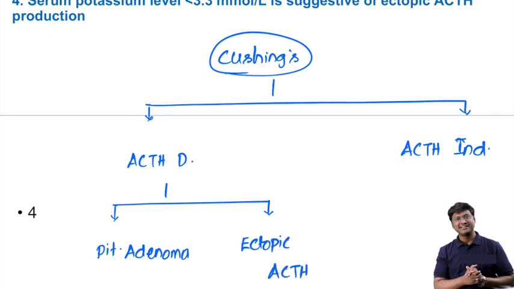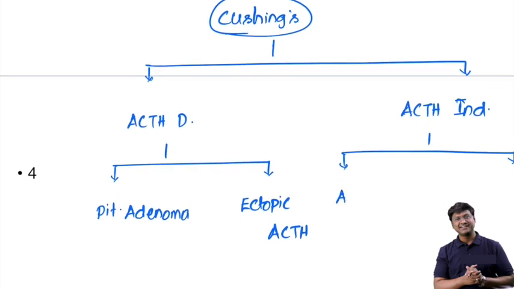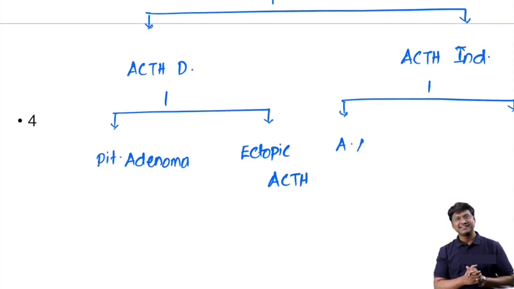Whereas in ACTH independent type of Cushing's, we have two important tumors, that is adrenal adenoma, and then adrenal carcinoma. These are the two important etiologies that cause ACTH independent type of Cushing's.